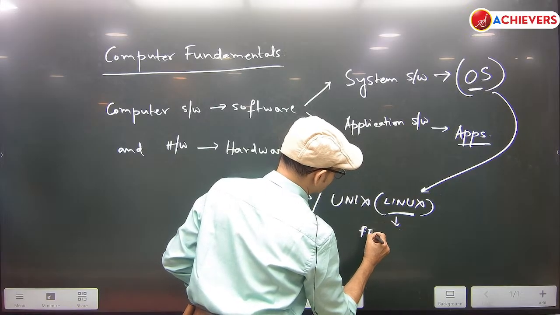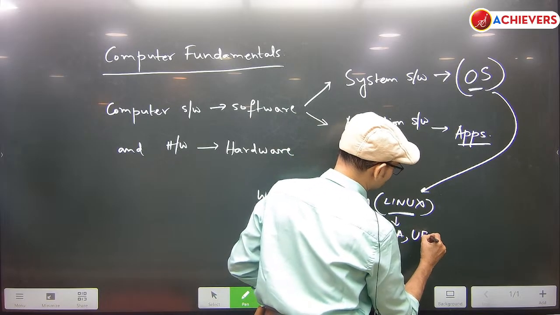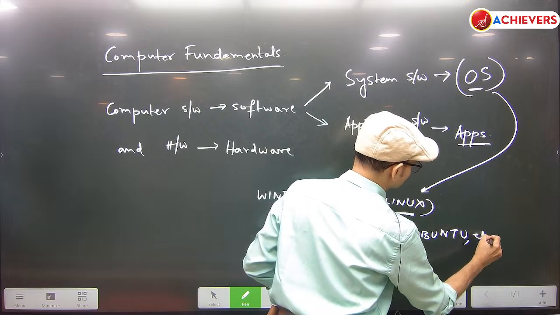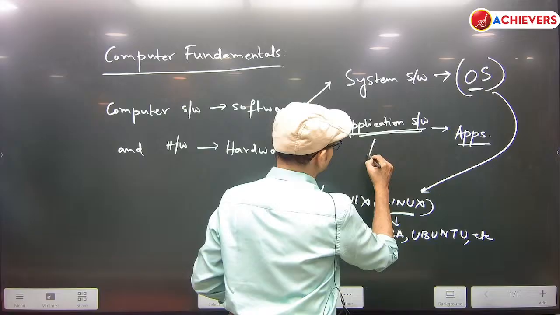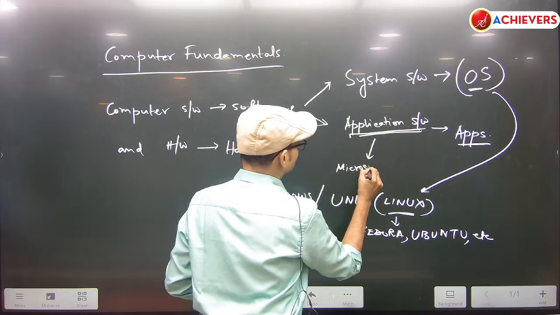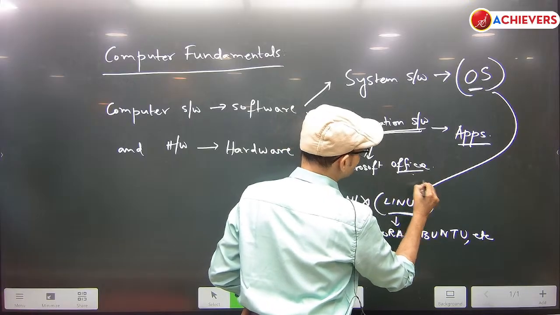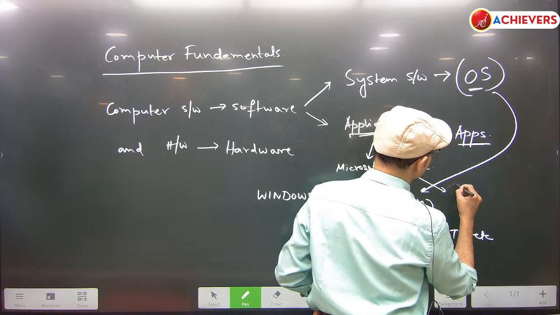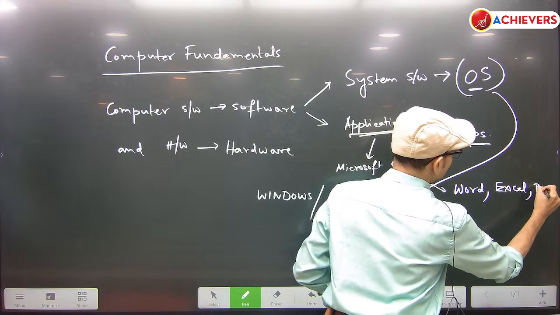Examples are Fedora, Ubuntu, etc. So, application softwares are nothing but the different apps. So, Microsoft Office is the package under which we have the different types of softwares: Word, Excel, PowerPoint, etc.